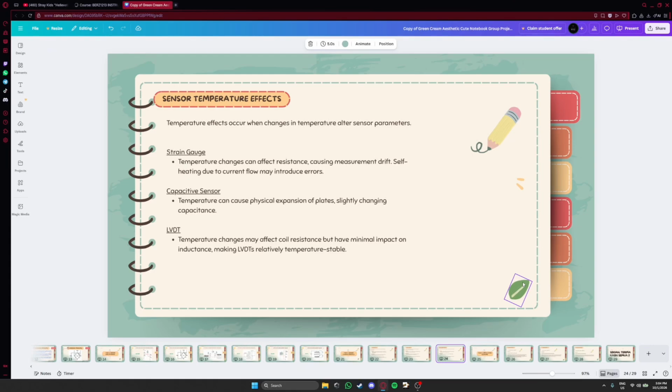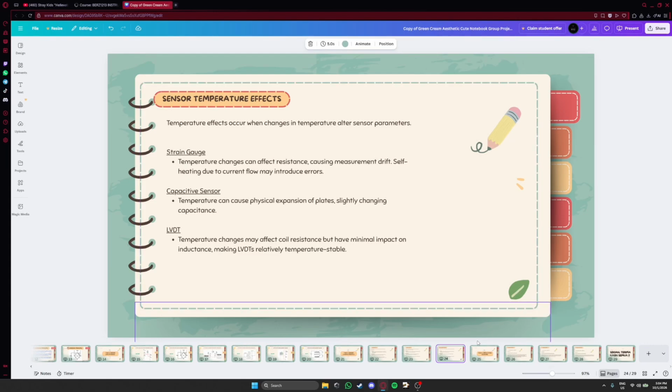For the capacitive sensor, temperature can also cause physical expansion of plates, slightly changing capacitance. And for the LVDT inductive sensor, temperature change may affect coil resistance but has minimal impact on inductance, making LVDTs relatively temperature stable.